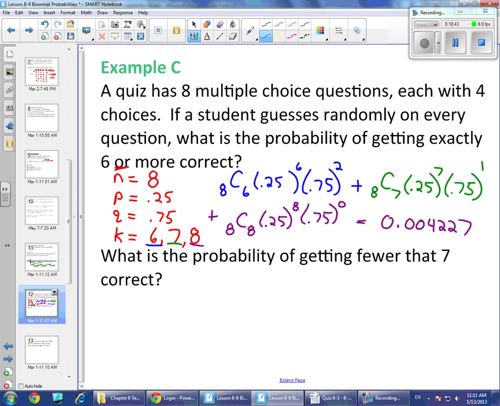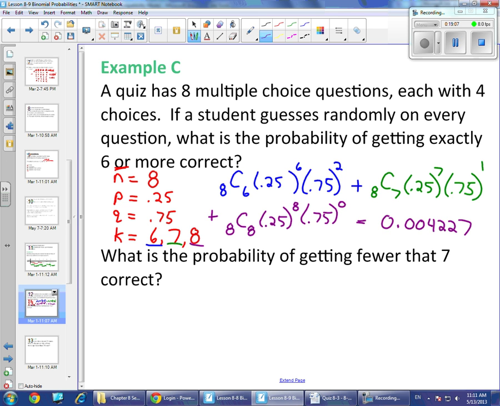And that's a pretty low probability, but let's make sure this makes sense. If you have a 1/4 chance of getting a question right on an 8-question quiz, you'd expect to get around 2 correct. We found the probability of getting 6, 7, or 8 correct, which would have a pretty low probability. Now the last one that we'll do here, the probability of getting 7 or fewer correct.